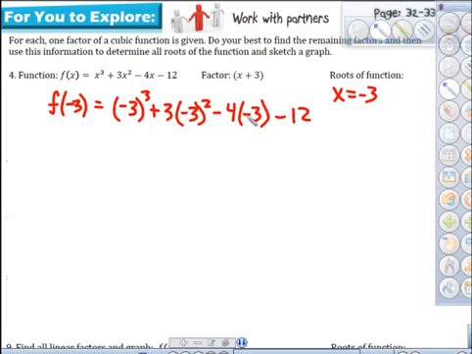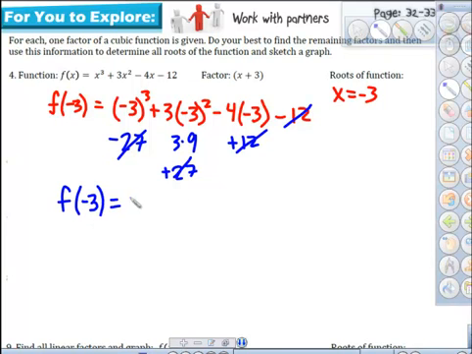Negative 4 times negative 3 gives me a positive 12, and that cancels out with the other 12. Negative 3 to the 3rd power is negative 27, and negative 3 squared is 9, times 3 is 27. So we have a positive 27 and a negative 27, and see how this cancels out? So if f of negative 3 equals 0, then I know that x plus 3 is a factor.